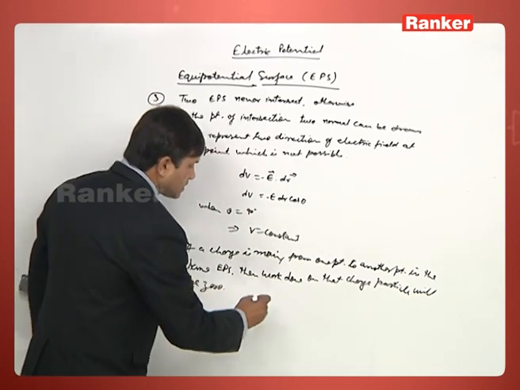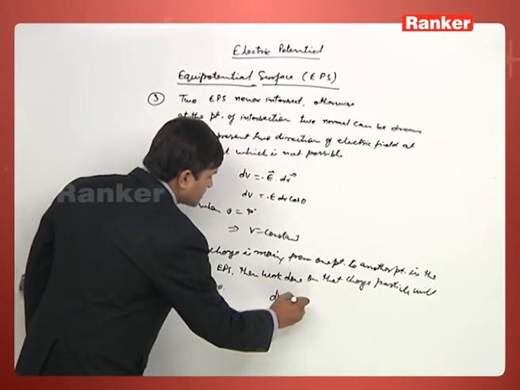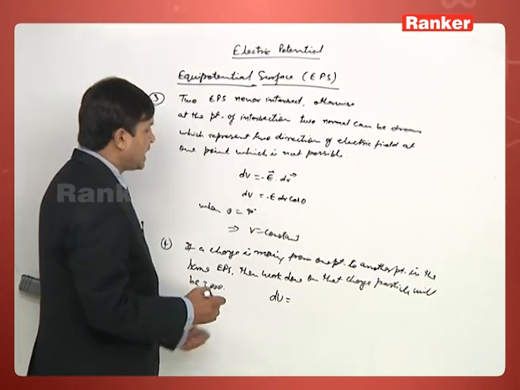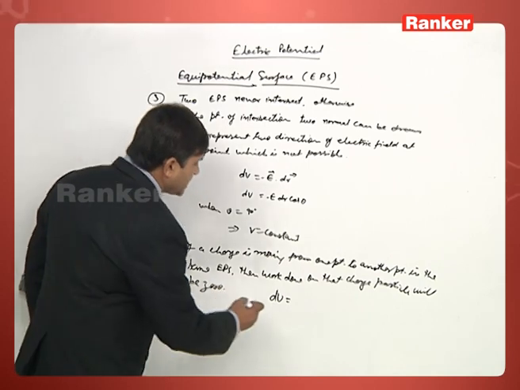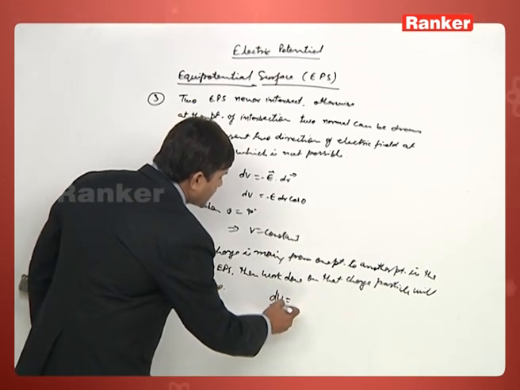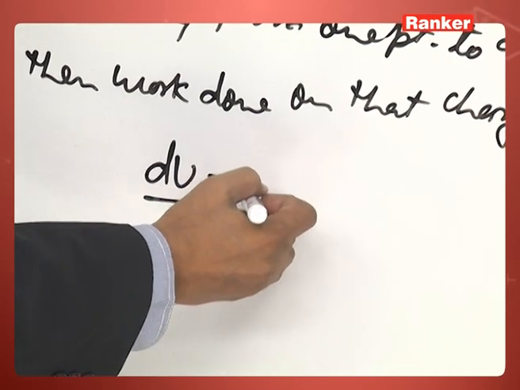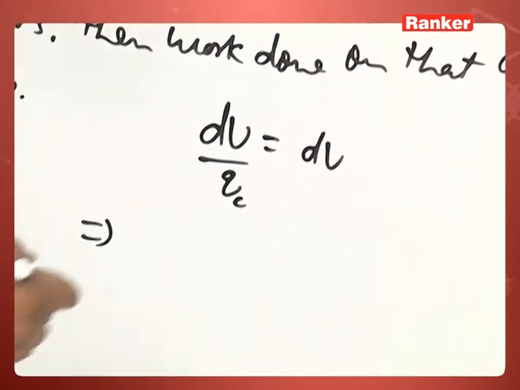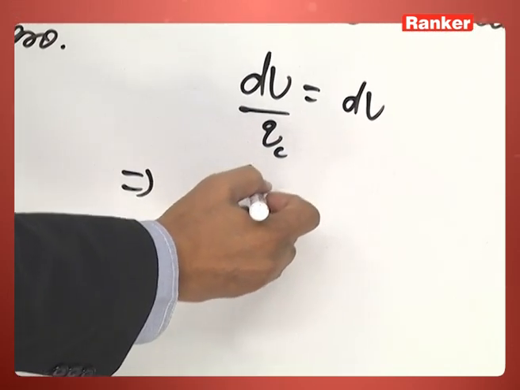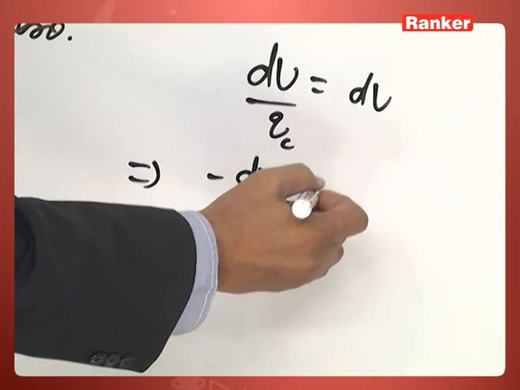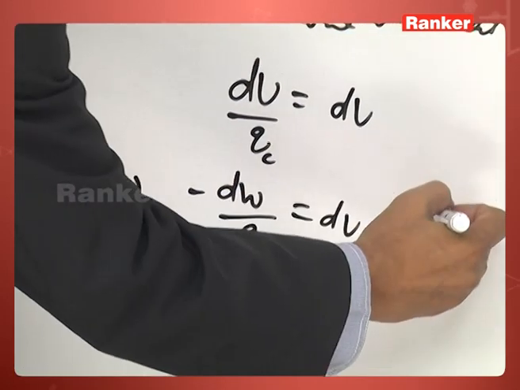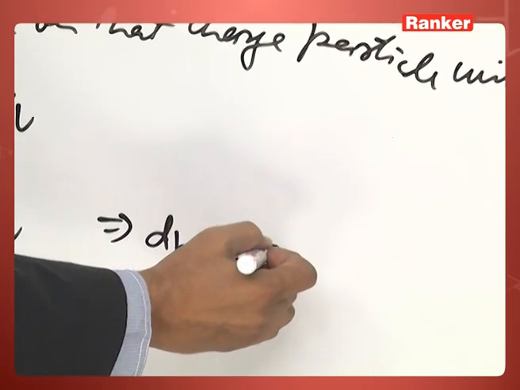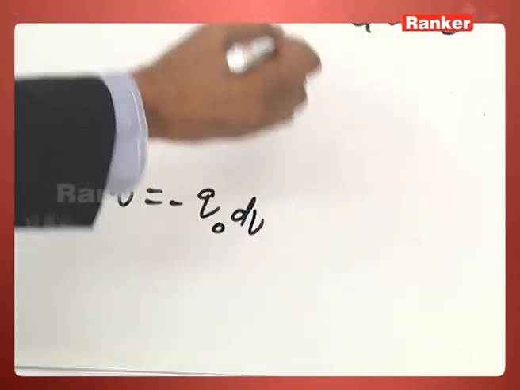As we know, change in potential energy and potential have been defined. The change in potential energy per unit charge is equal to dV, and change in potential energy is defined as the negative of the work done. So minus dW by Q naught is dV. So we can say work done is equal to minus Q naught dV.